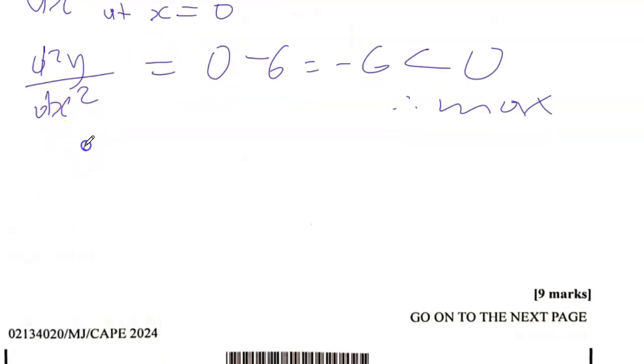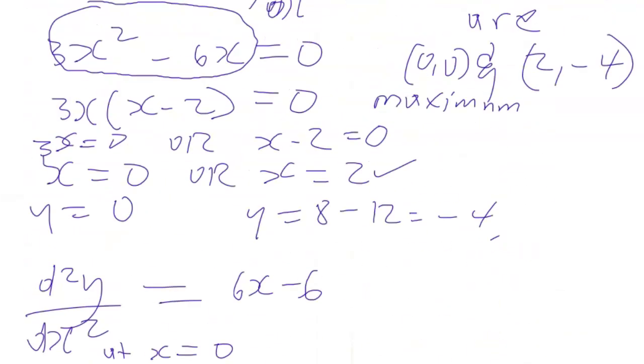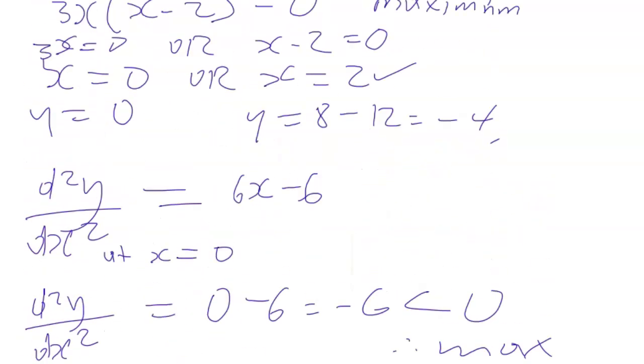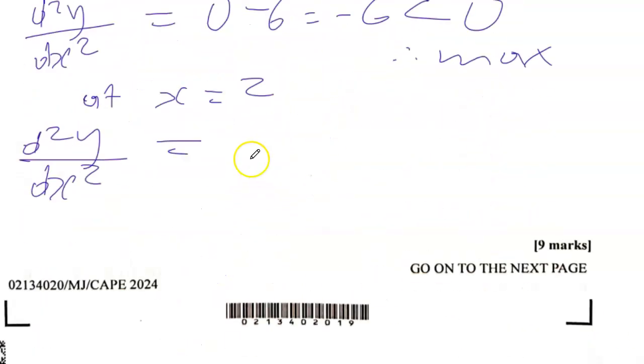At the other x value, what was our other x value now? 2. At x equal to 2, the second derivative, d2y by dx squared, is equal to 6x minus 6. So x is 2, 6 times 2 is 12, minus 6, that's equal to 6, which is bigger than 0.